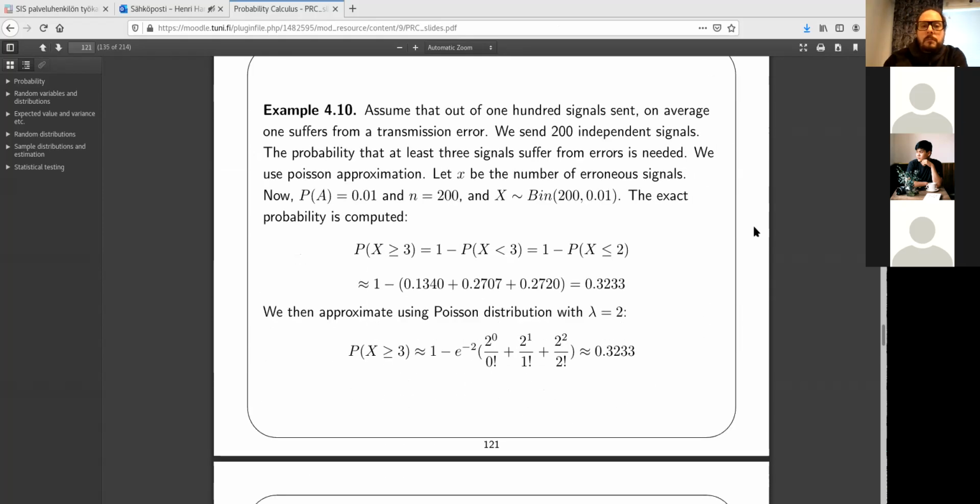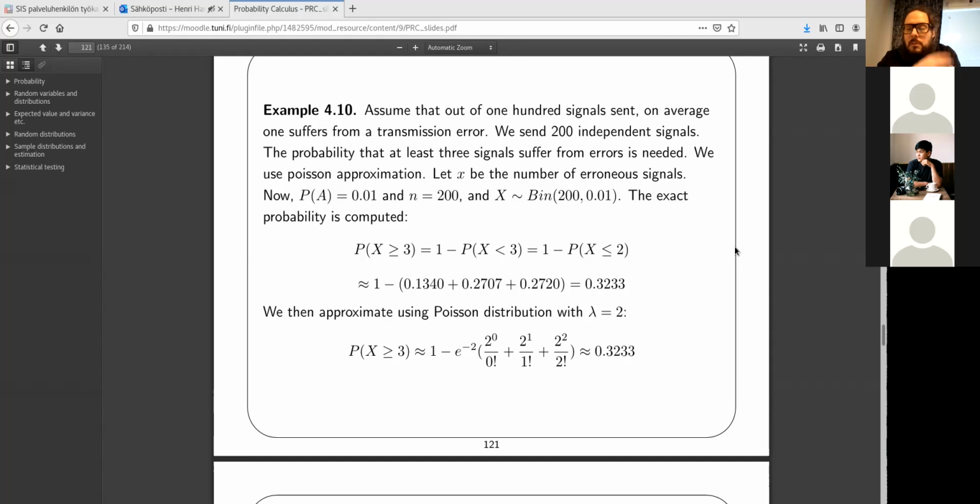Here's another example. Let's say that out of 100 signals sent, on average, we have 1 signal that suffers from a transmission error. So let's say we are sending a message like beep, beep, beep, and an error turns a beep into a boop.